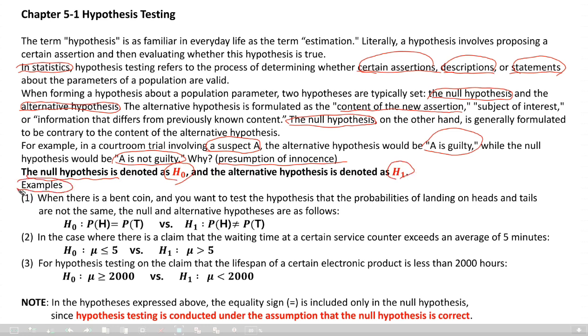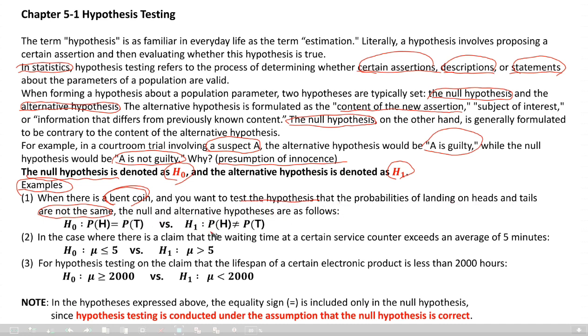Let's see some examples. When there is a bent coin, a biased coin, a tilted coin, and we want to test the hypothesis that the probabilities of landing on heads and tails are not the same. Why? That coin is bent, biased. That's why we want to test the hypothesis that the probability of head and tail are not the same. The null hypothesis and alternative hypothesis are as follows.